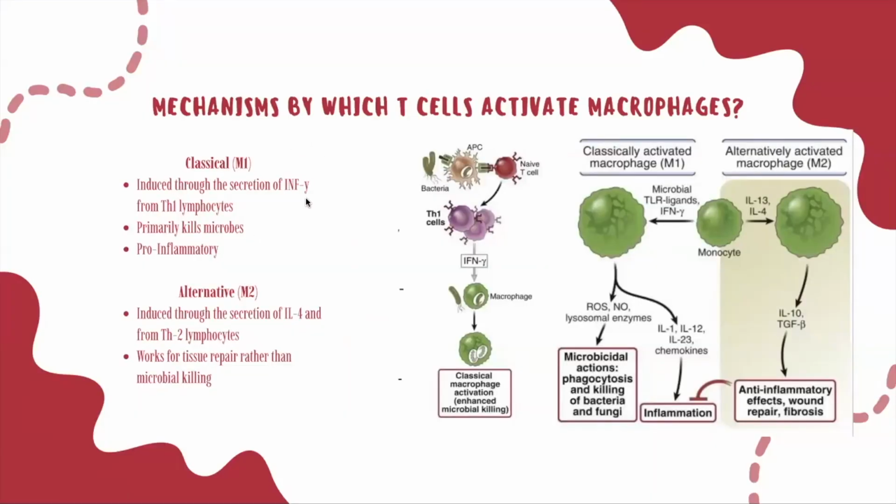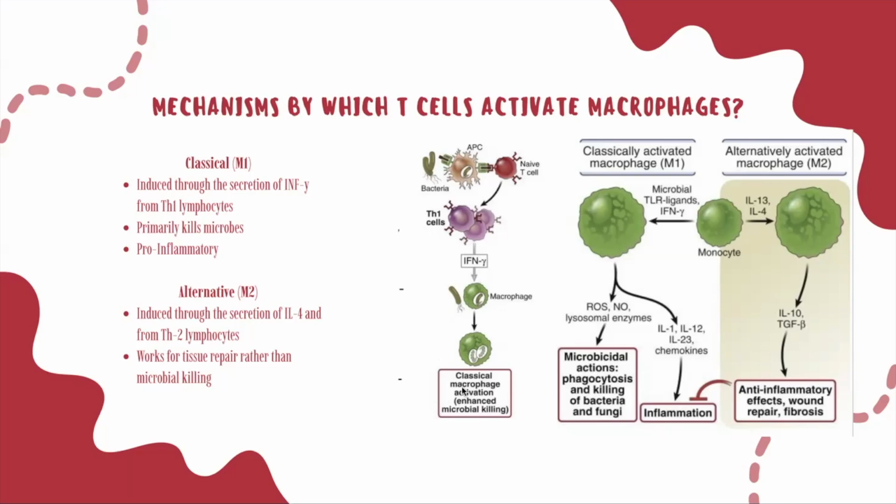Mechanisms by which T cells activate macrophages. There are two main mechanisms by which T cells can activate macrophages. The first one being the M1. It is induced by Th1 and is activated through the secretion of interferon gamma, which is the most potent macrophage activating cytokine known.